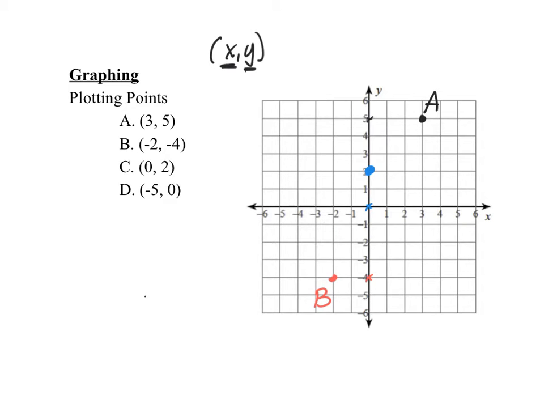And that's letter C. So a 0 in the x position means you stay right on the y-axis, and then I just go up 2 in the y direction for the second value. Example D has a -5 as the x, so I move over 5 to the left from the origin, and then the y value is just 0, so I just stay right there on the x-axis. So that's letter D.